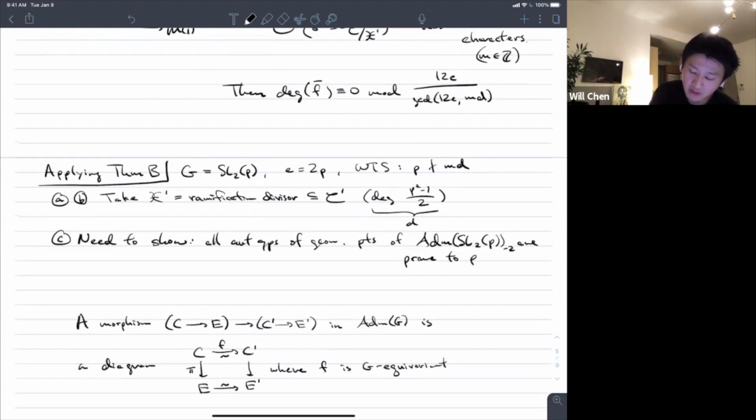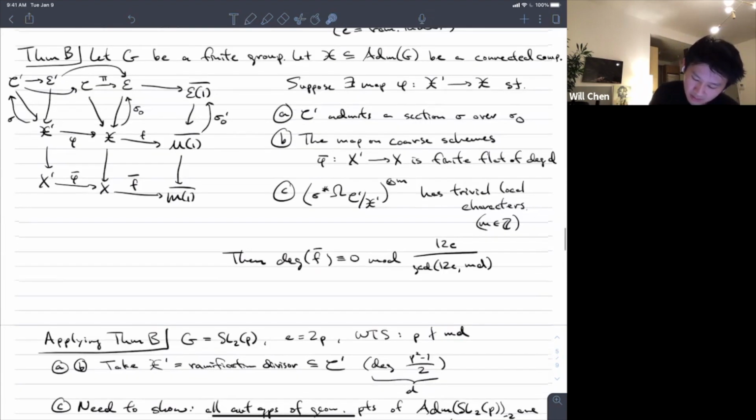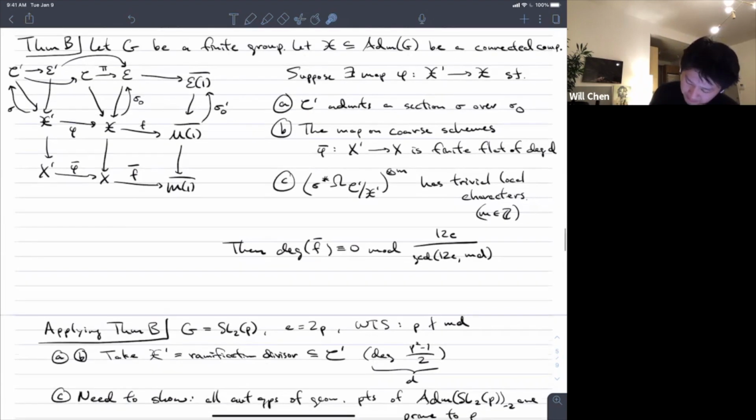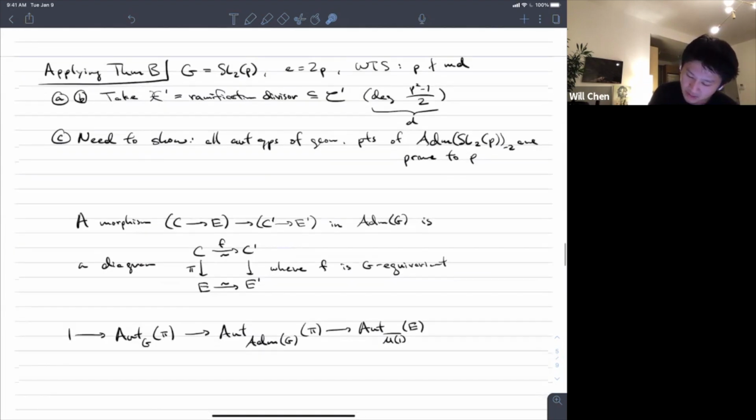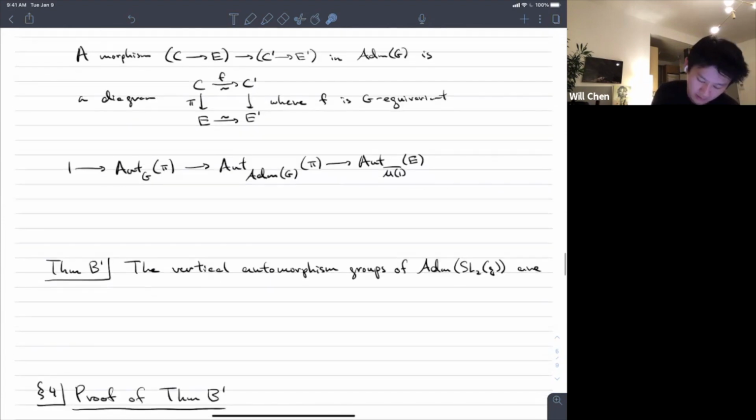So we need to show that all these automorphism groups have degree prime to P. Okay, so at this point, this already gives the general idea. Since I'm over time, I'll just state the final result, the result about the automorphism group.